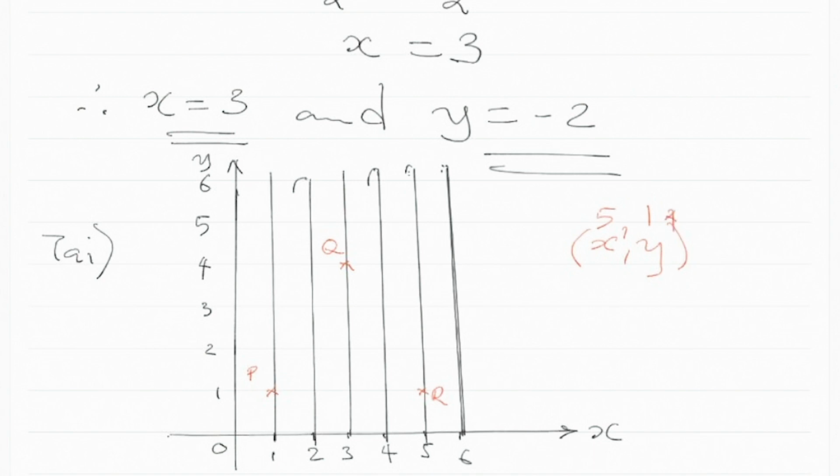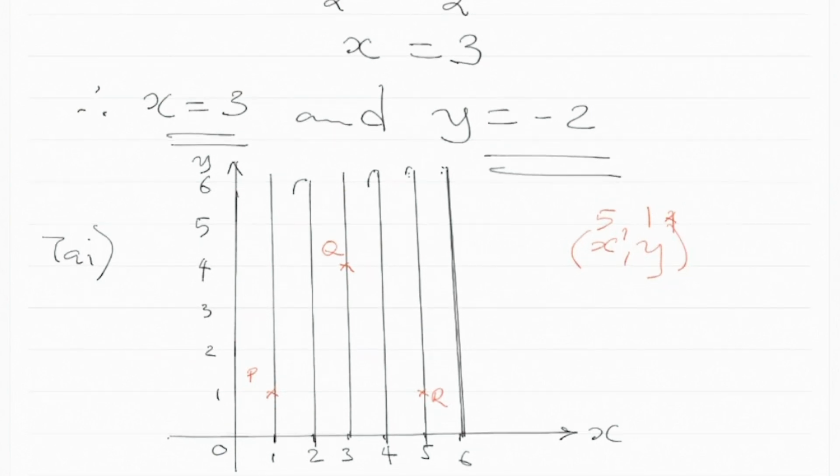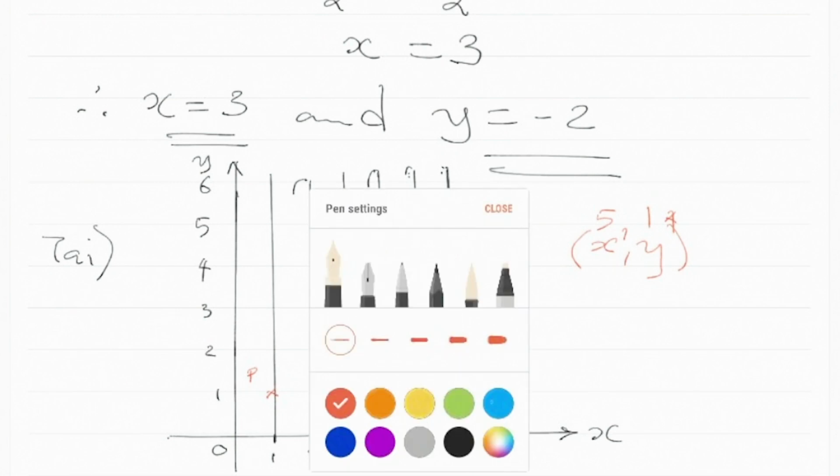Then 2 is saying join the points to form triangle PQR. Joining the points is the easiest thing, but don't be careless in the exam. Join the points using a ruler. It's important that your work is neat. So we'll join them using the color blue.